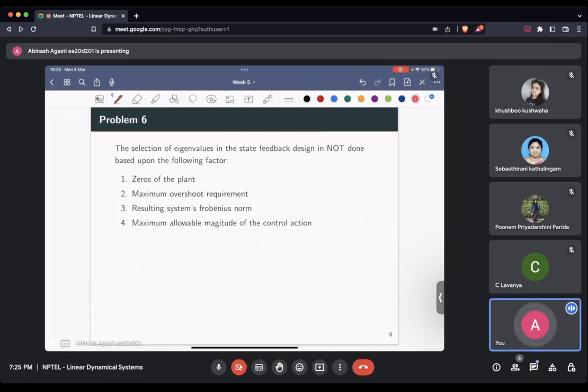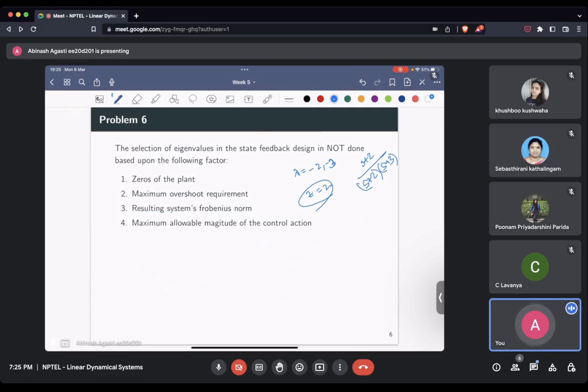Okay, but think about this. Let us suppose I have a second order system and I just randomly decide that these should be my desired poles. But what if the plant has a zero at 2? What will happen then? There will be a pole zero cancellation, right? So then in essence, I'll just have 1 by s plus 3.